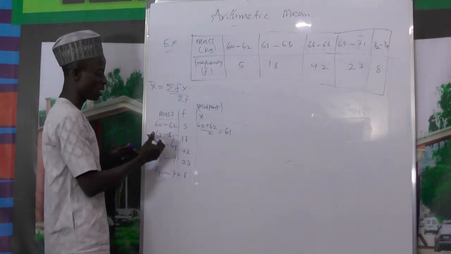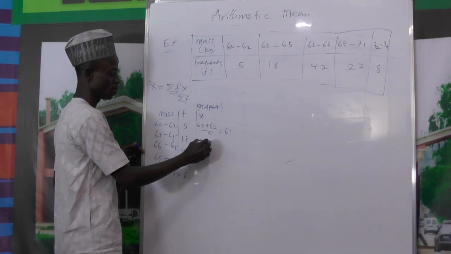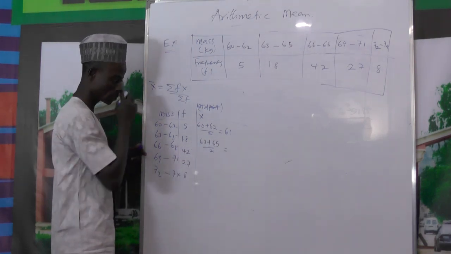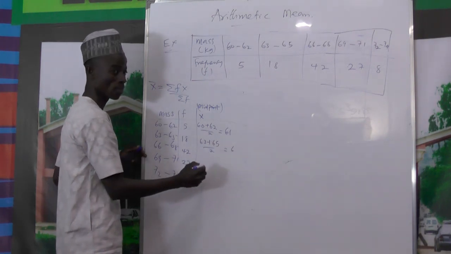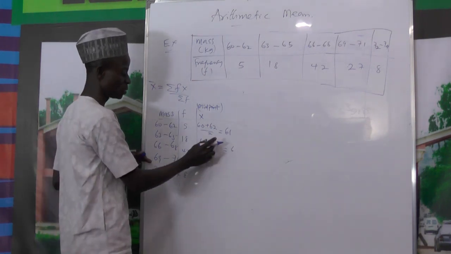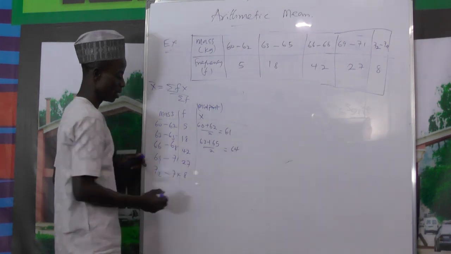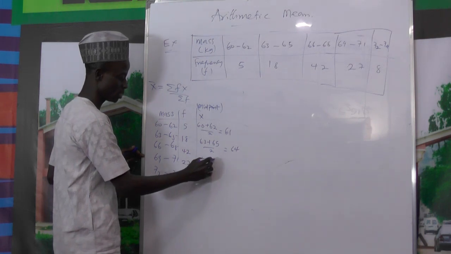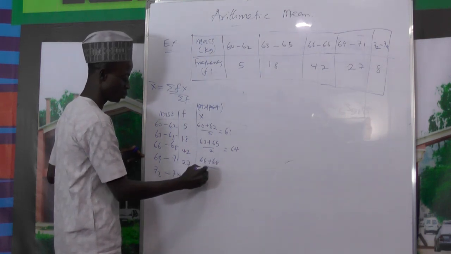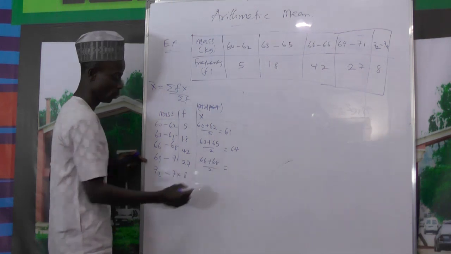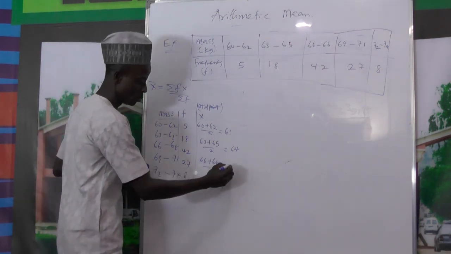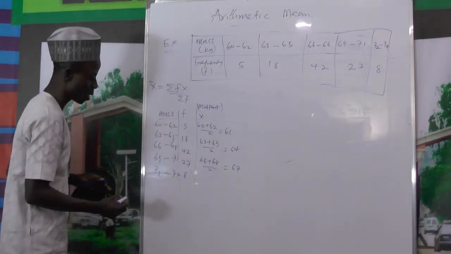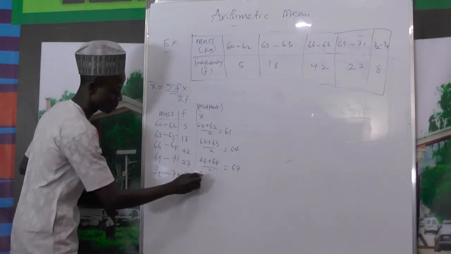The next one will be 63 plus 65 divided by 2, this plus this will give you 64. Then the next one will be 66 plus 68 divided by 2, which will be 67.